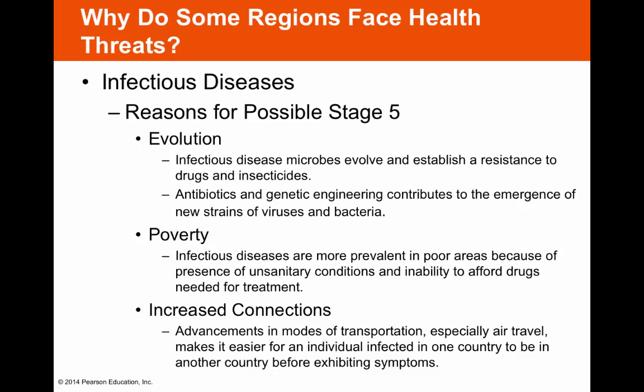First of all, due to evolution, infectious diseases could be re-emerging in certain countries because antibiotics or different chemicals that used to be able to kill microbes and other strains, like for example DDT, which used to be used for mosquitoes, which spread malaria, isn't used as much anymore because we know that it's not good for people and it causes cancer.